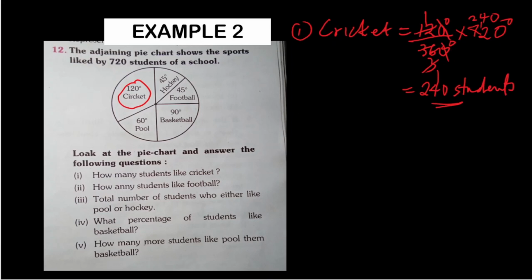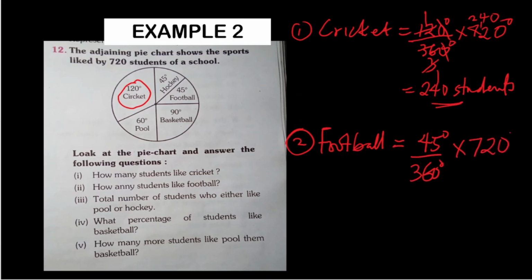Then move to question 2. How many students like football? The same way. We're going to do it the same way. How many footballs do we have there? That's 45. So we're going to say football, 45 out of 360 degrees multiplied by 720. So 0 cancels 0. 36 here 1, 36 here 2.